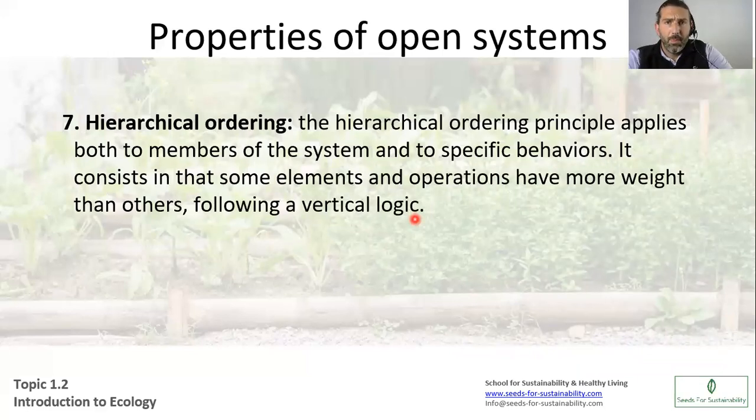Another principle, very important for ecosystems, is so-called hierarchical ordering. So maybe we as humans don't like hierarchies too much. Even more now, newer generations maybe even less. Certain cultures do like hierarchies a lot. Other cultures don't like them at all. It's also a cultural thing.